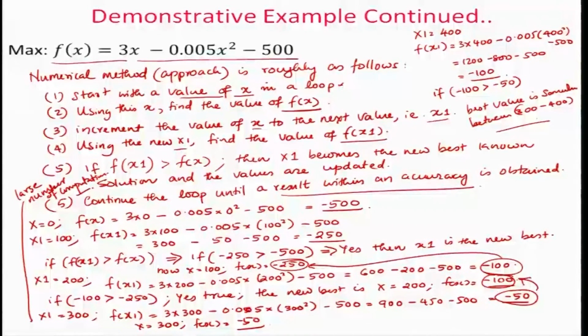So, this approach is called numeric approach or numeric method. You are not really trying to find out the exact value, instead you are trying to find the estimate of this. So, this will look silly for such a simple problem, but as the problem becomes complicated, as the degrees of the equations become larger, then you have no other choice but to go with this method and then find the solution to the problem.